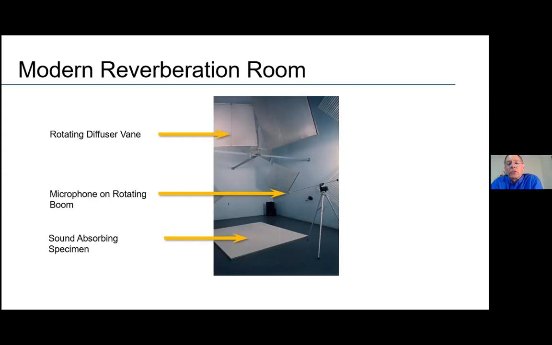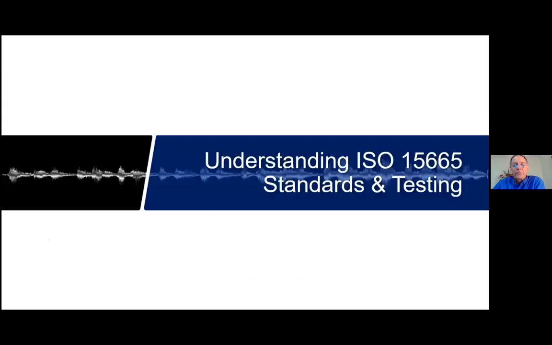So you're trying to disrupt that so that you don't have that happening, and you really are just getting a measure of the material's ability to absorb the noise and dissipate the noise once the source is terminated. So it's a very important aspect of how the testing is done.